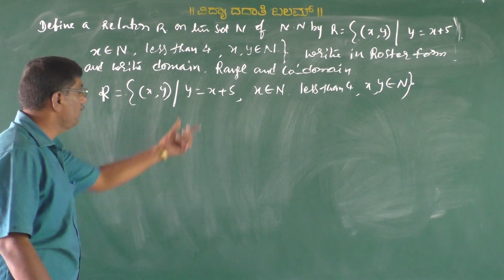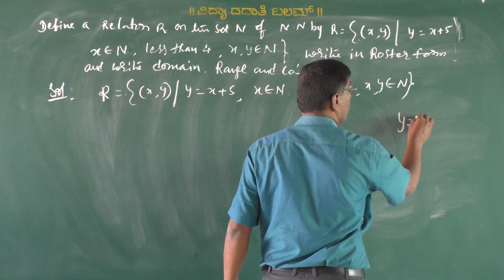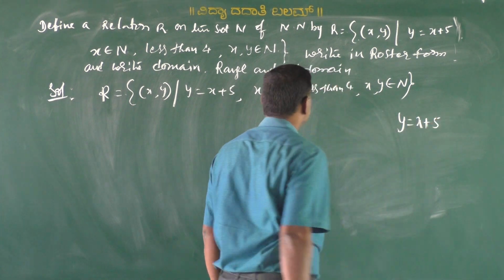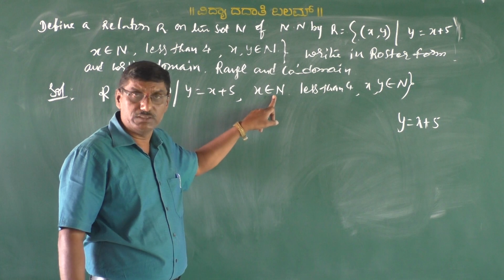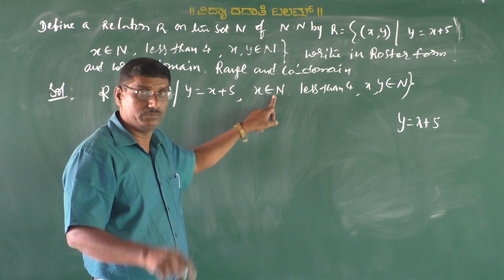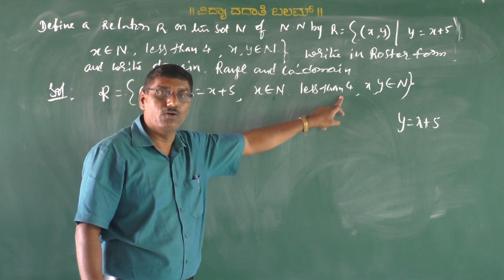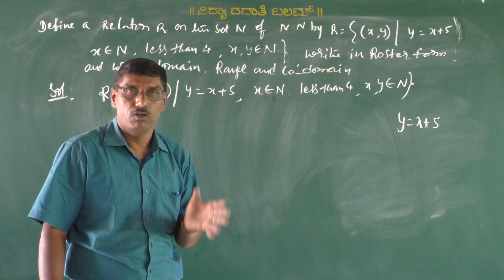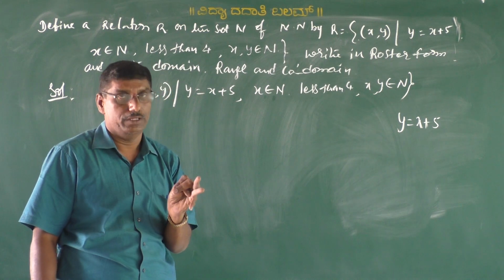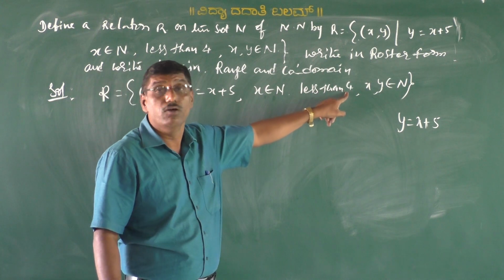How, sir? See here, this is the condition: y = x + 5. Given x belongs to N, the set of all natural numbers, but under the condition of less than 4, we can give the values for x as 1, 2, 3, since these are the natural numbers less than 4.